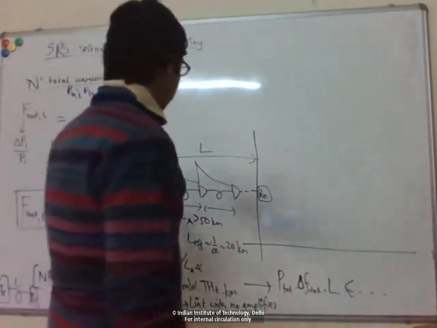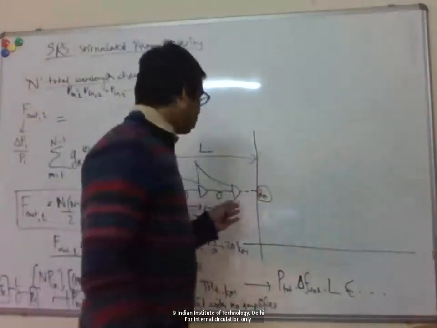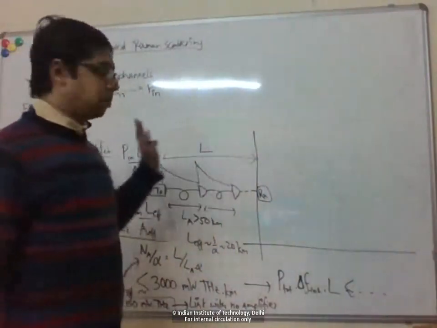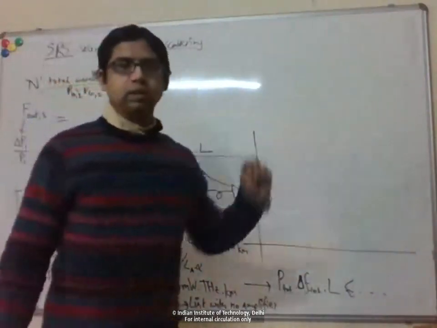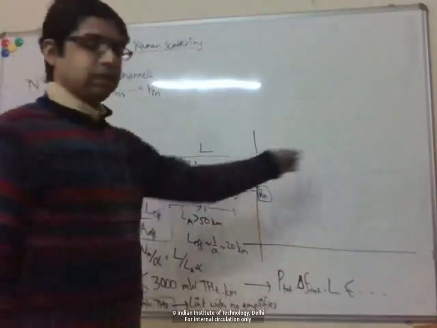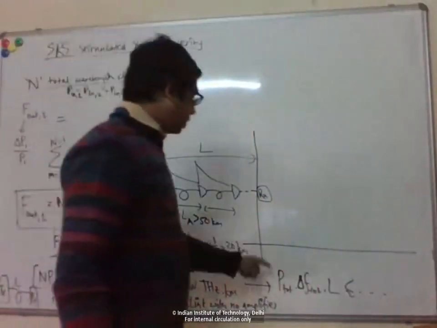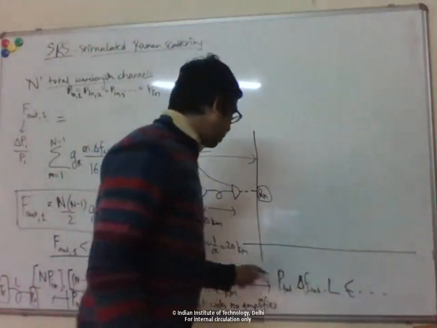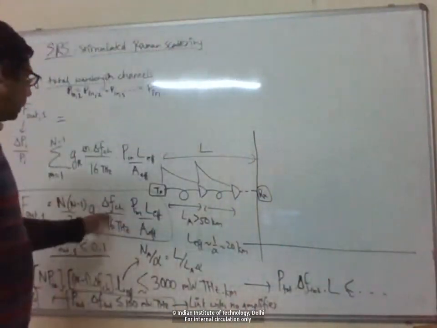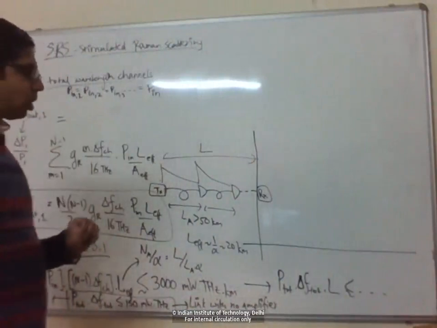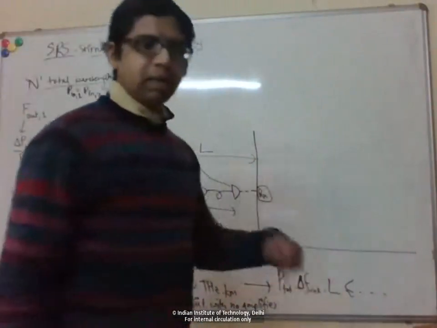Typically, as I increase the link length, I want to send more power at the transmitter, because I want to compensate for the extra losses and noise occurring over the longer length. But due to this nonlinear effect, if we want to avoid this Raman scattering induced crosstalk, we actually have to reduce the power.